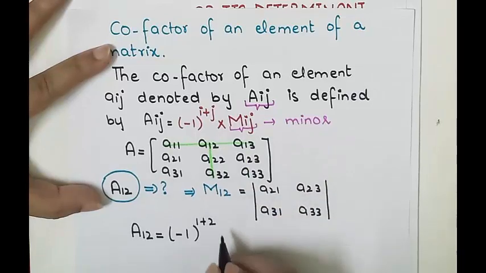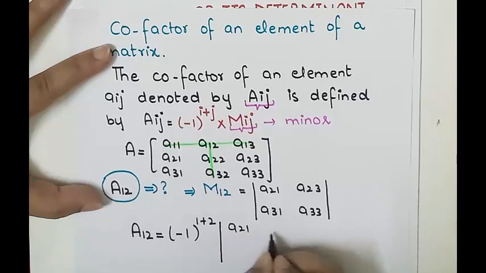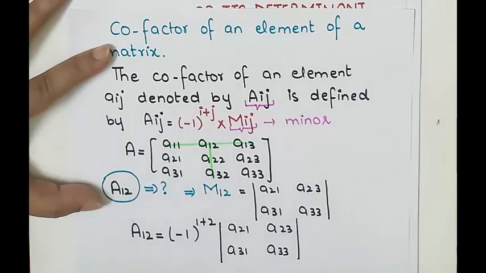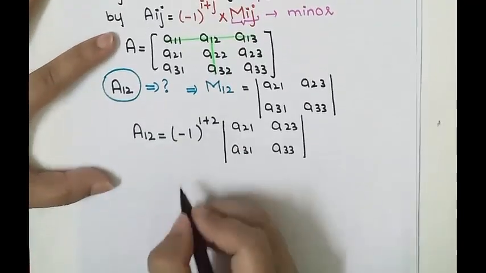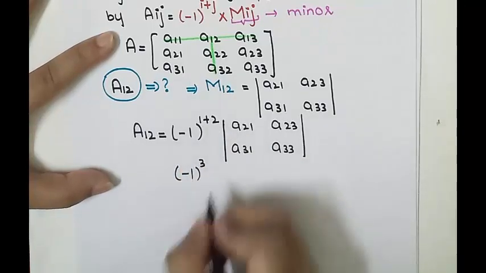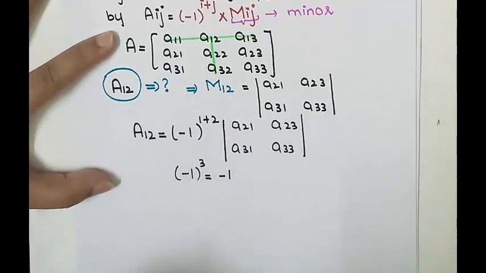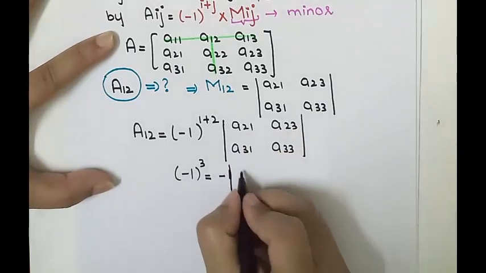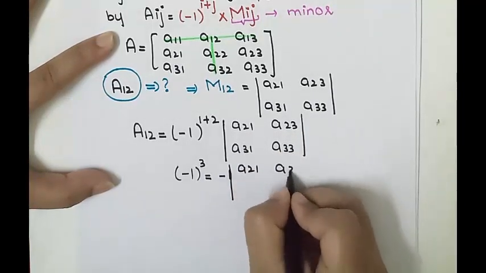This is the value of Mij, which is equal to M12: A21, A23, A31, A33. So we have minus 1 to the power 1 plus 2, which is 3, equal to minus 1. So minus 1, when multiplied with this determinant, gives minus of this determinant.